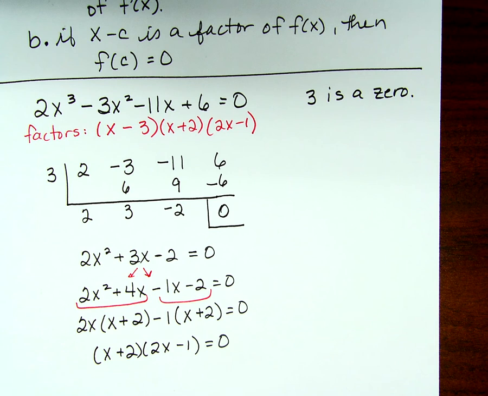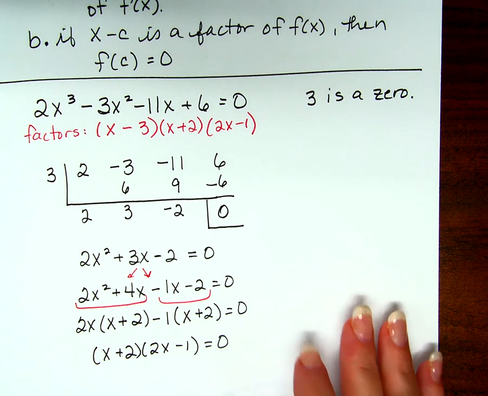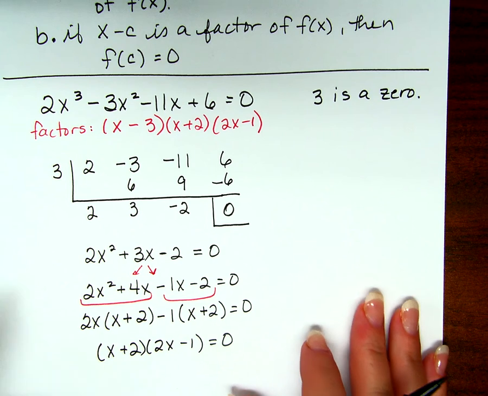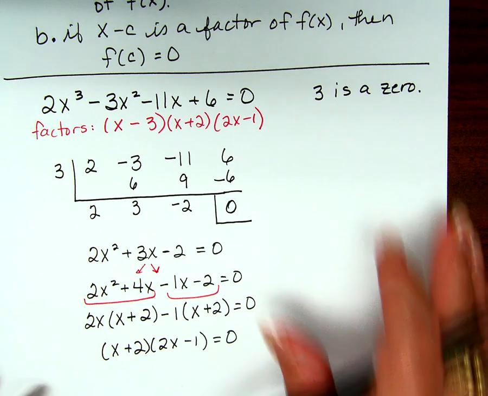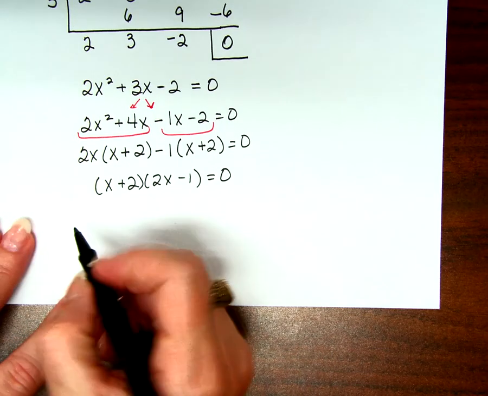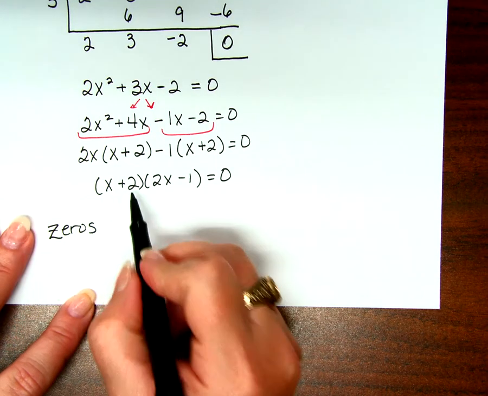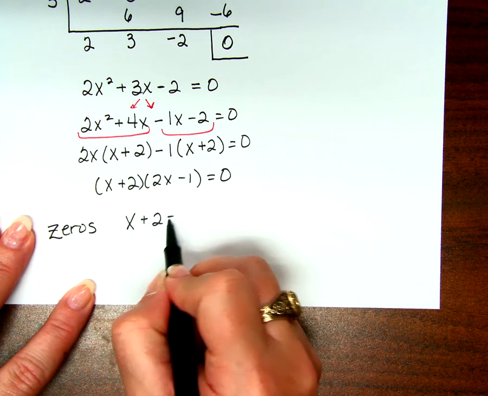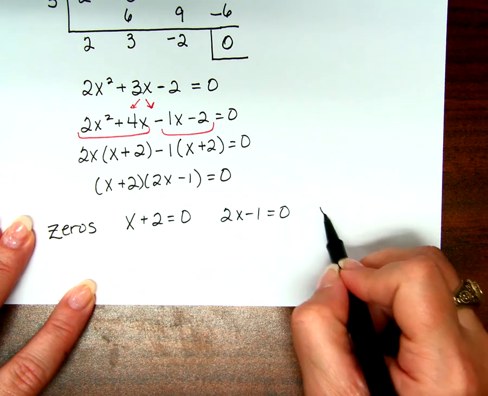Now it depends on what they're asking. Okay? You have to focus on what they're asking for in the homework. If they're asking for the factors, there they are, and we're done. But most likely, because it asked us to solve, they're going to ask for the zeros, which means I need to take each one of the factors and set it equal to 0 and solve it.